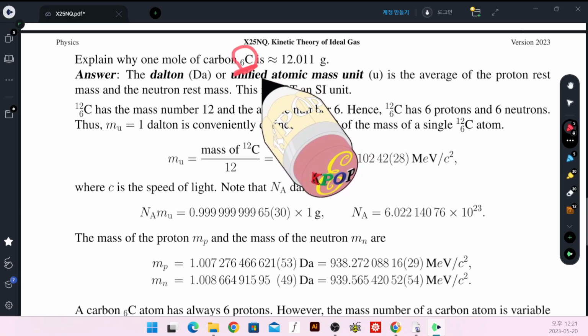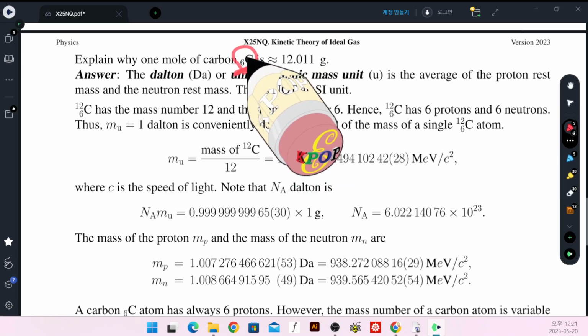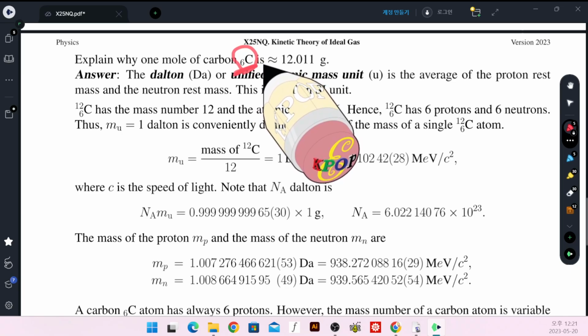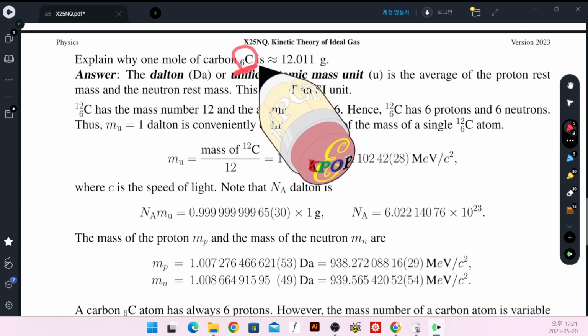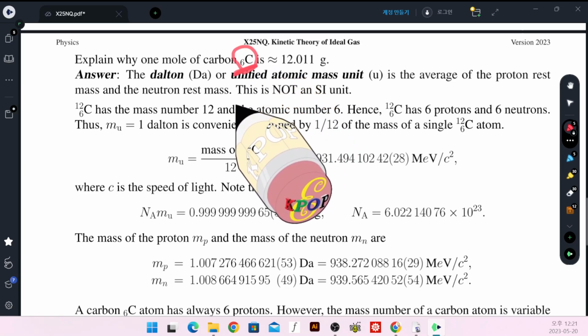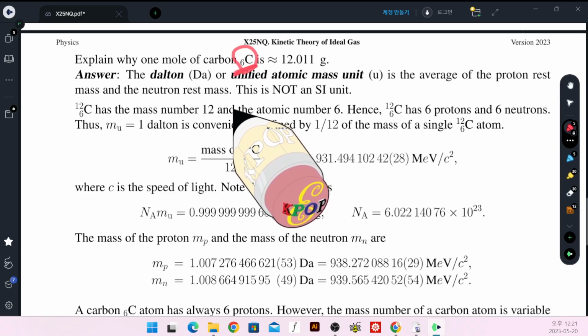Nucleons are either protons or neutrons. The carbon atom usually has 6 protons and 6 neutrons. However, that's not exclusive.